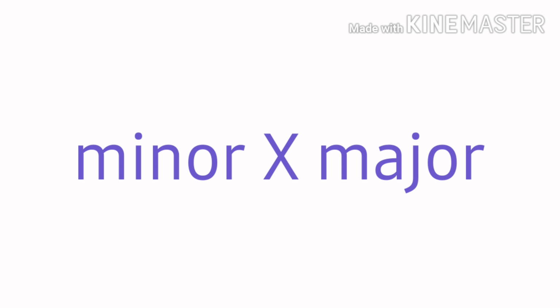So, we call these two words antonyms. If there is some small accident, we call it a minor accident. If there is a big accident, we call it a major accident. So, minor and major are opposite words, they are antonyms.